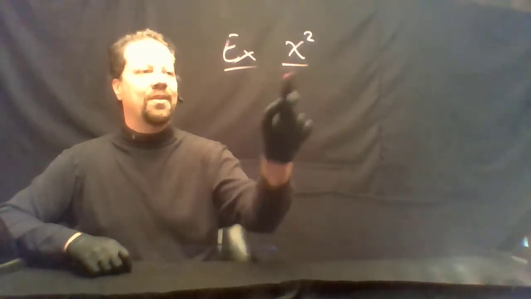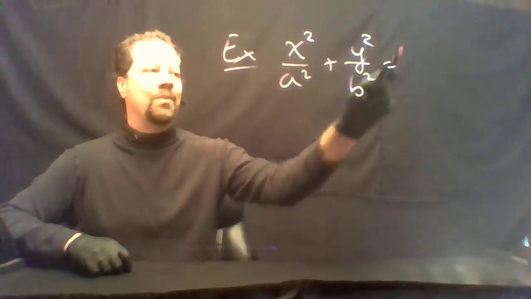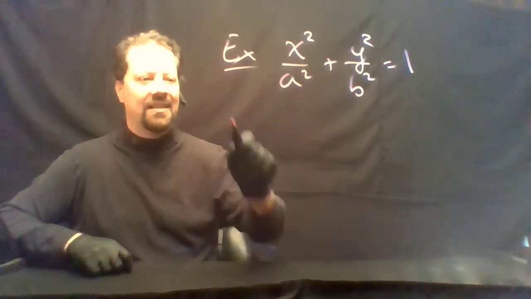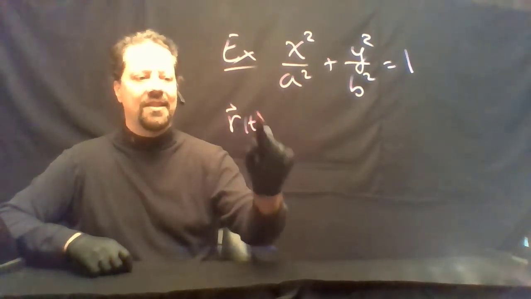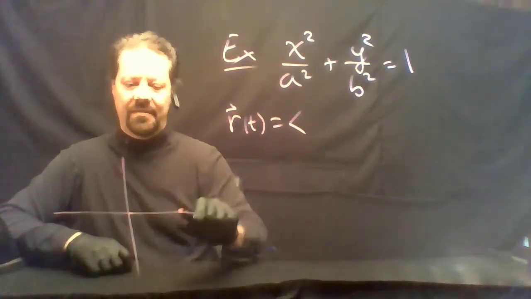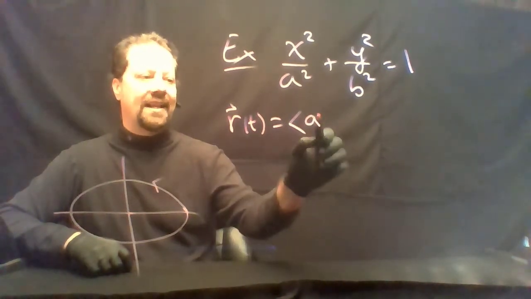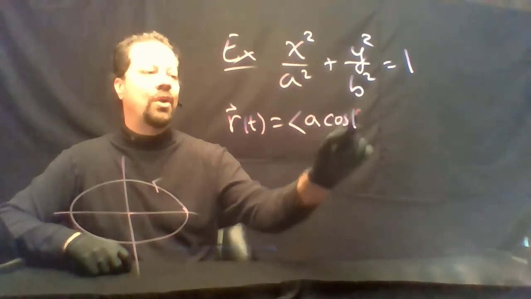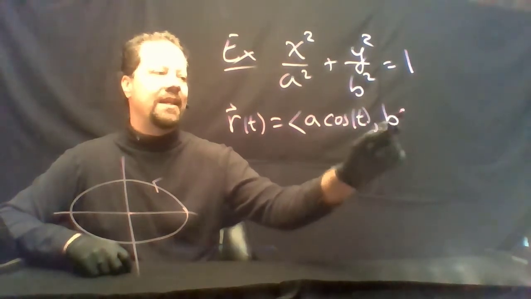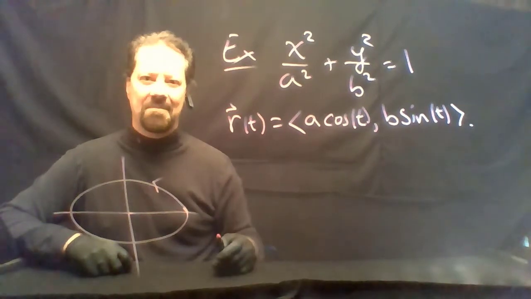Consider x squared over a squared plus y squared over b squared equals 1. We can parameterize this in a counterclockwise fashion by setting x to be a cosine of t and y as b sine of t.